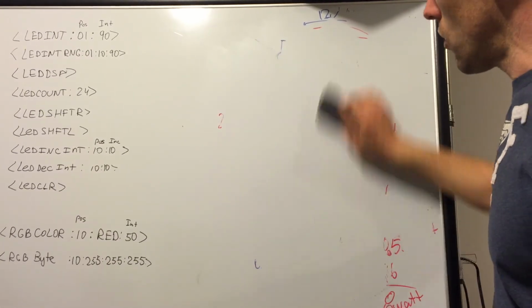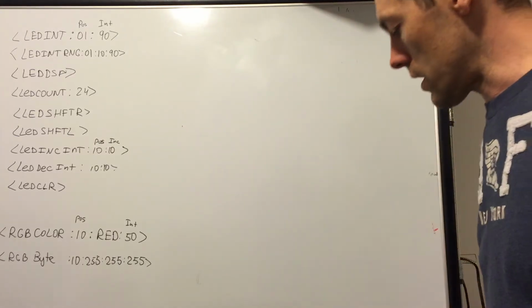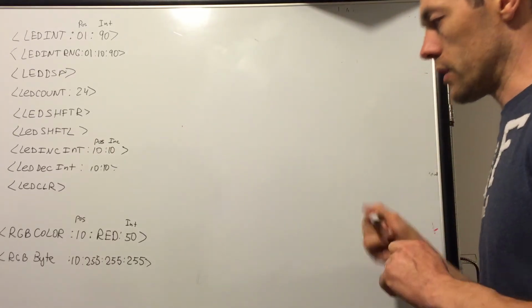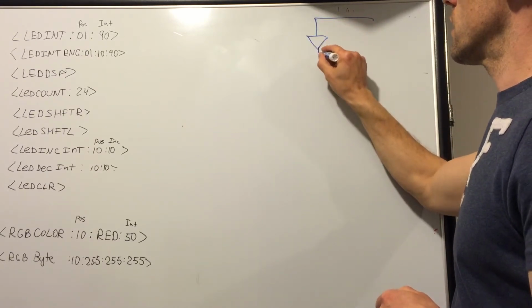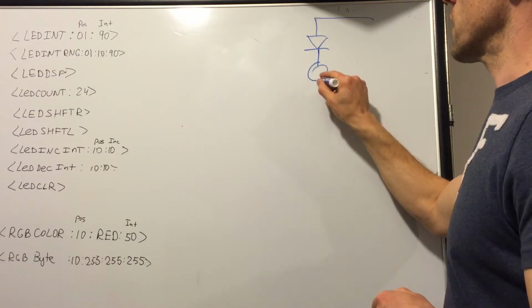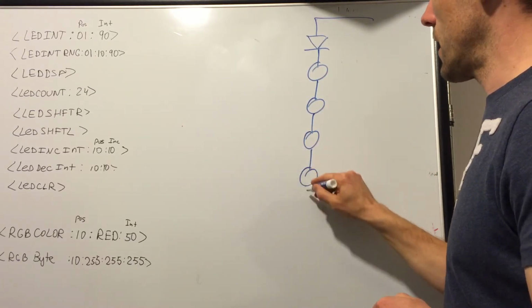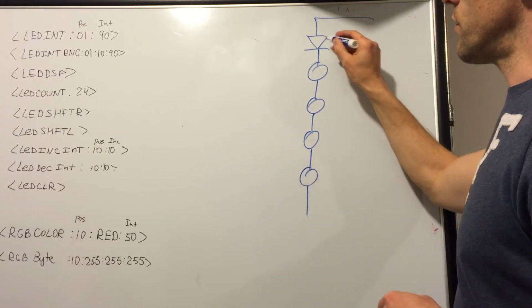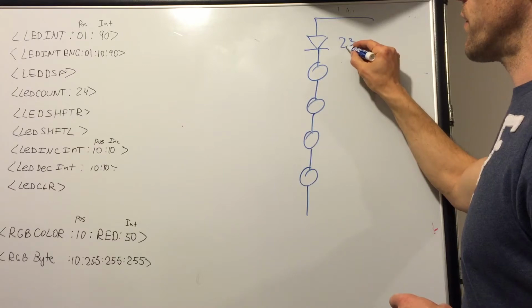It's not the best, because it requires you to connect, I'm going to just draw it like this, like circles, 5 LEDs, and each of them drops 2.3 volts, and we have 5 of them.